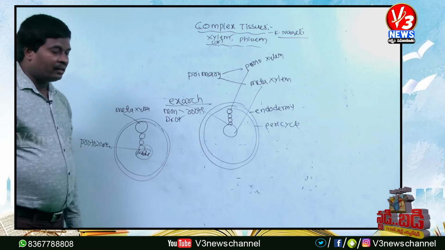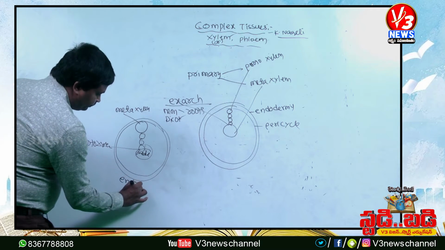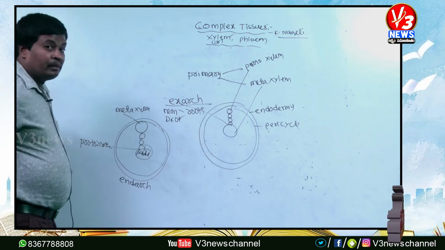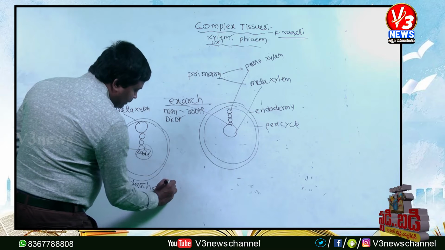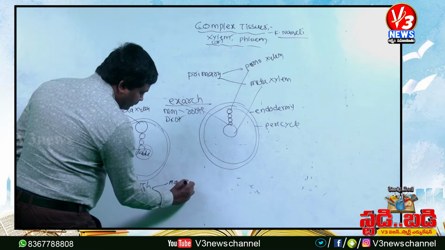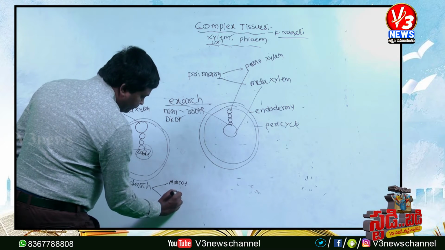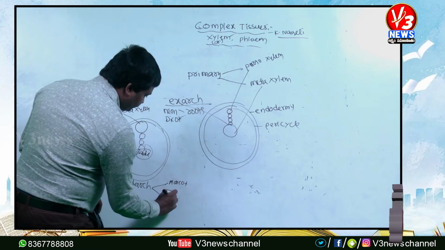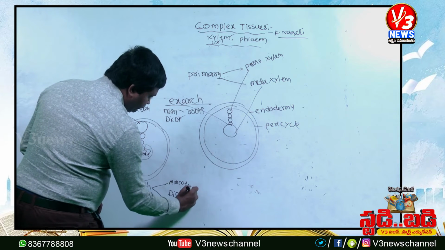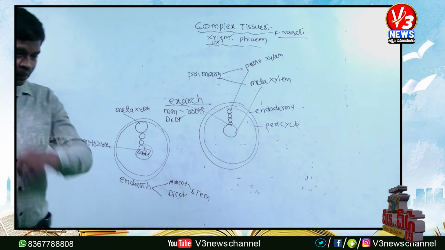Such an arrangement of xylem is called endarch xylem. Endarch condition is present in dicot and monocot stems. Very, very important.